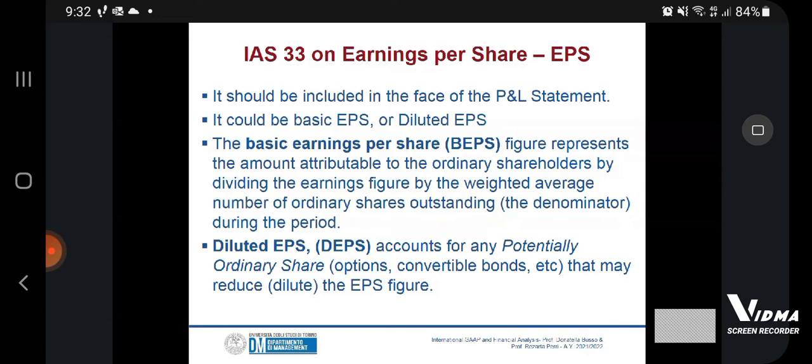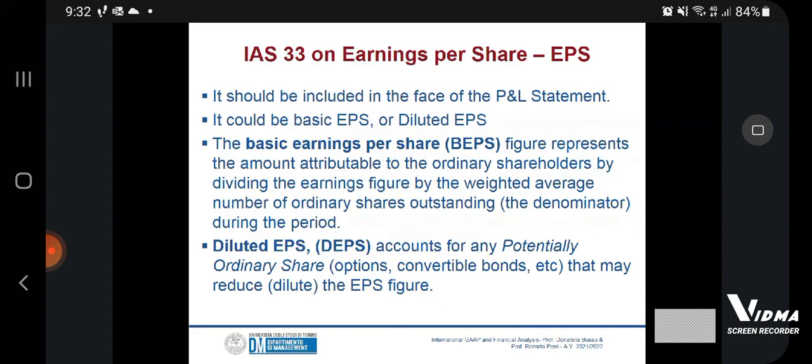Will it actually be executed in the future? It may have a maturity date of 1 year, 2 years, and so on. We don't know that, but will it actually be executed? That depends on many factors, the most important one being the share price in the market. So options are potentially ordinary shares. They are not ordinary shares yet, but they can potentially become so in the future.